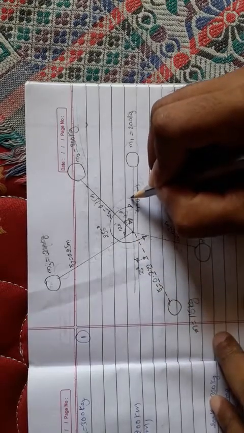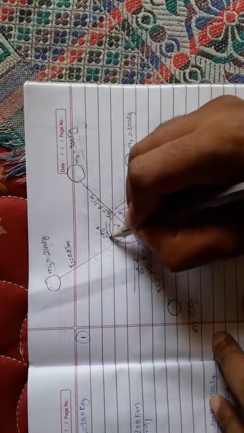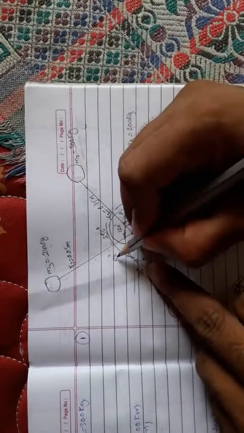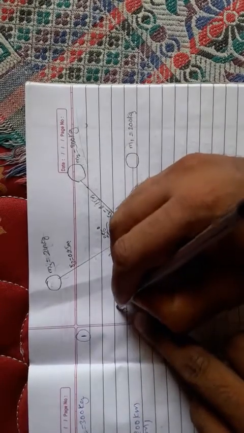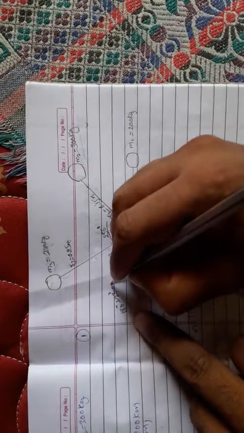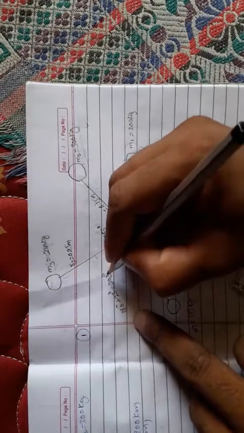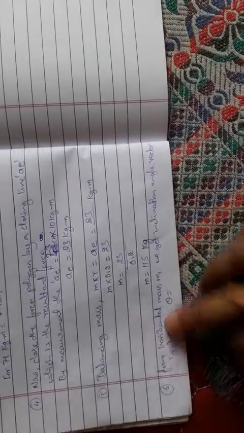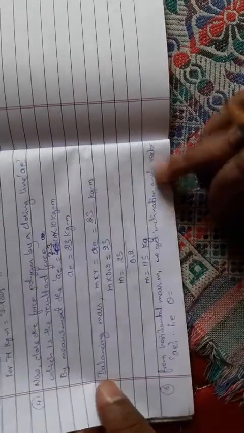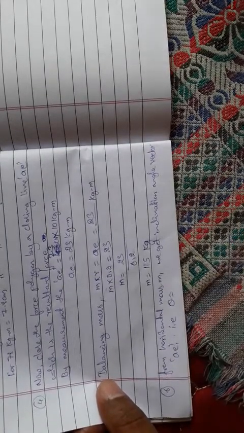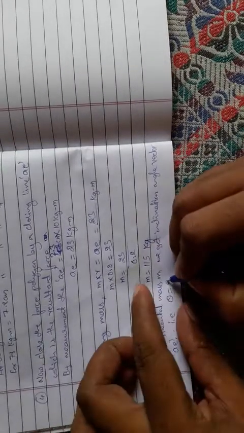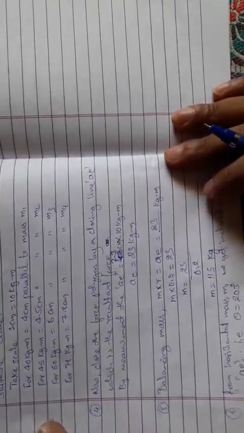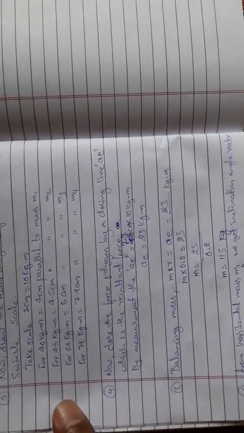From here to here is 180 degrees, so from the horizontal mass, 180 degrees plus 23 is equal to 203 degrees, the angle of inclination. So from the horizontal mass, the angle of inclination of vector AE is 203 degrees. This is the problem solved by the graphical method.